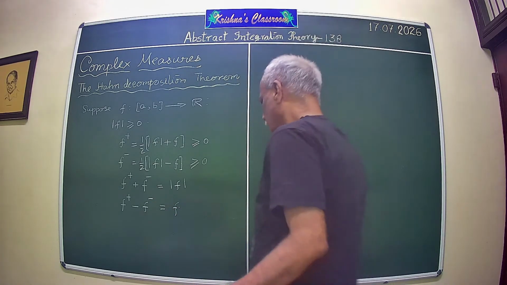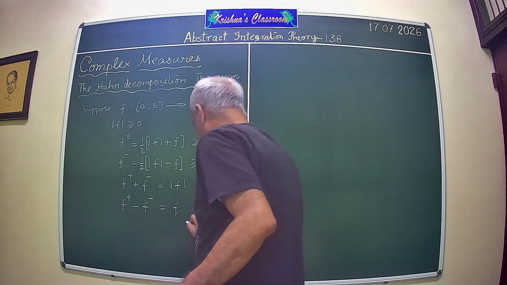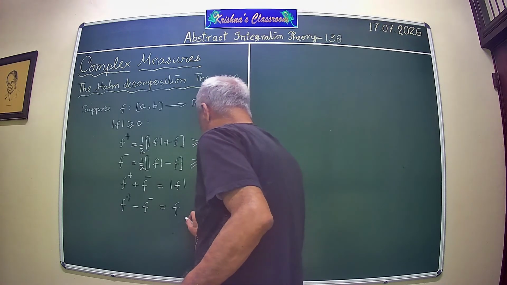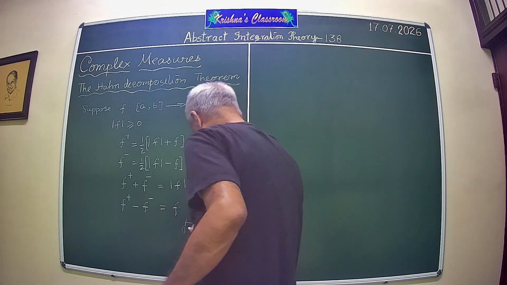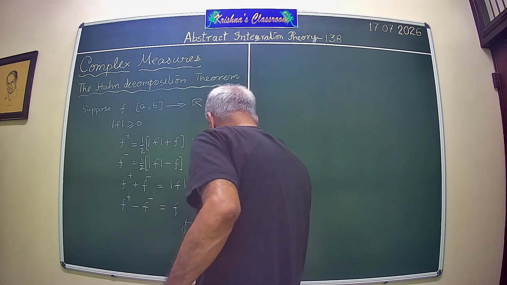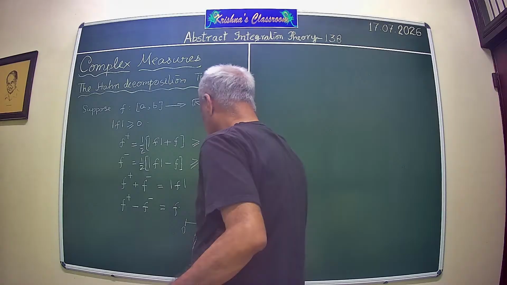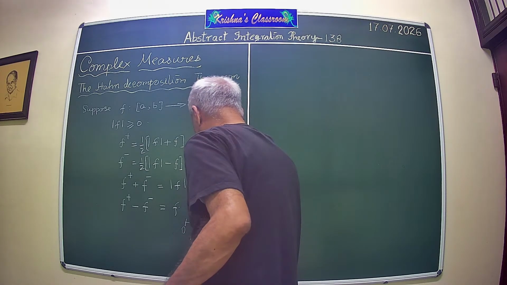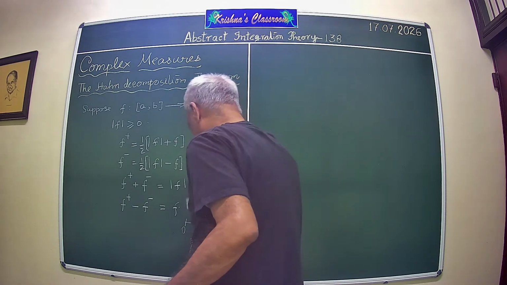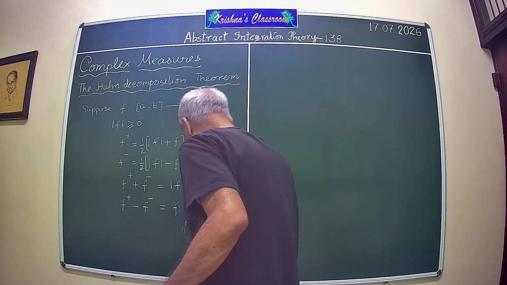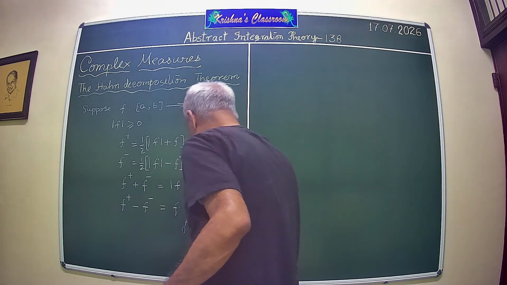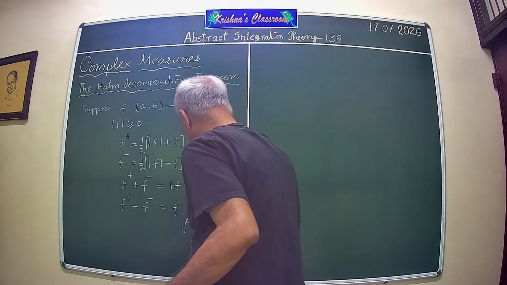Now this is quite simple. You take the interval 0 to 2 pi and consider the function sin x, whose graph is given here.